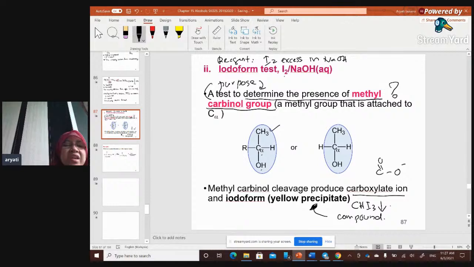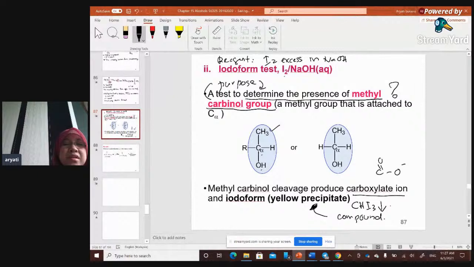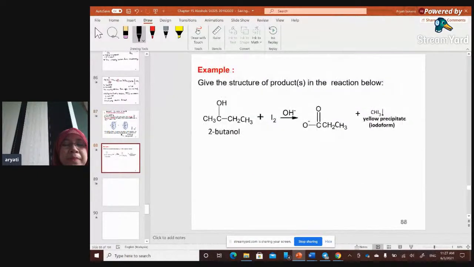Okay, example. Example, give the structure of product in the reaction below. So this reaction, sebenarnya dia ada satu phase kat situ tertinggal.